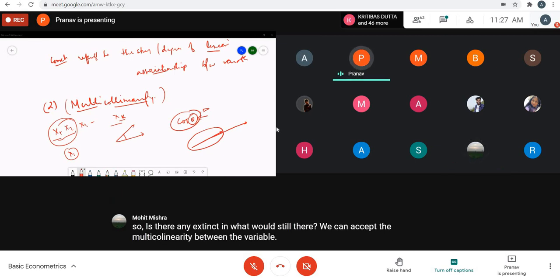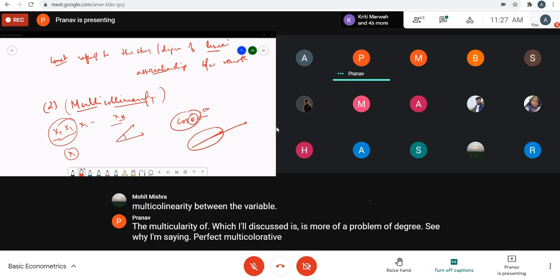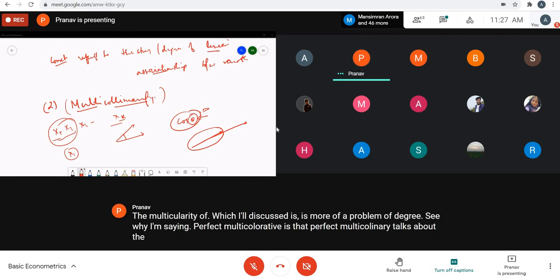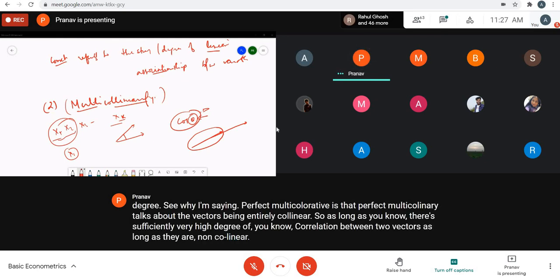See, multicollinearity, which I'll discuss, is more of a problem of degrees. Why I'm saying perfect multicollinearity is that perfect multicollinearity talks about the vectors being entirely collinear. So as long as there's a very high degree of correlation between two vectors, as long as they are non-collinear, it works for me.